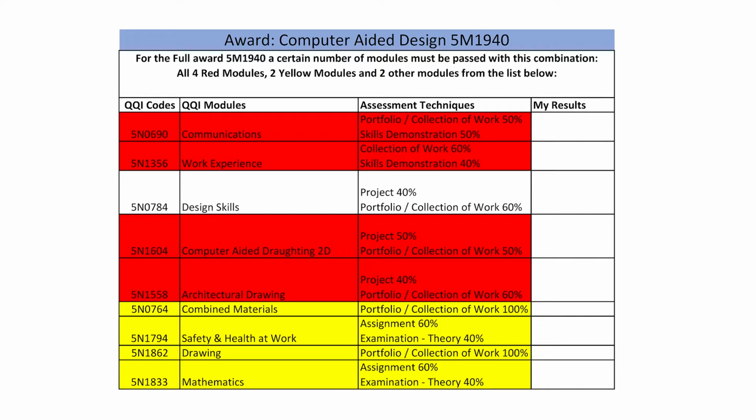In Moodle over the coming days, you will see an example of the QQI recommendations for your course and program. So in this case, for architecture, the rules are on top. You must complete all 4 red modules. You must select 2 yellow modules, and then you must select any 2 other modules from the yellows and the whites.